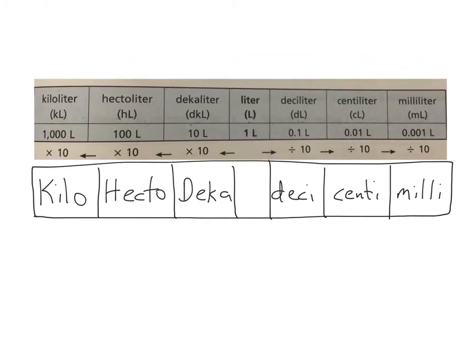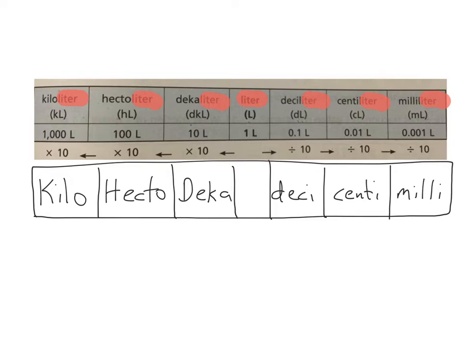Notice we've got the word kilo there. We also have the word liter. Hecto, liter, deca, liter, liter, deciliter, centiliter, milliliter. All those words with the word liter there.